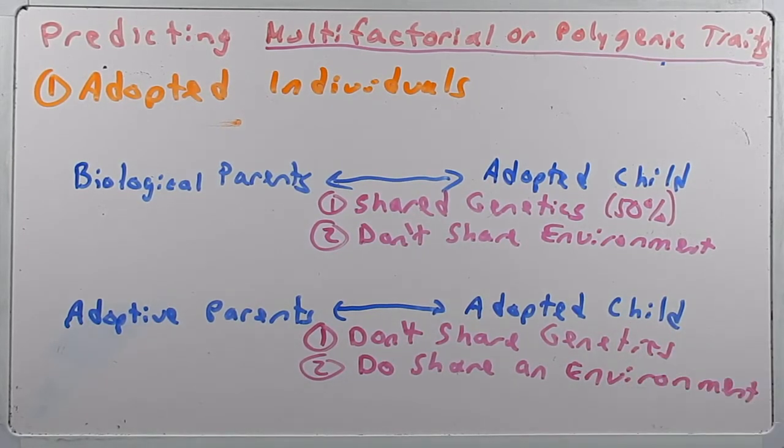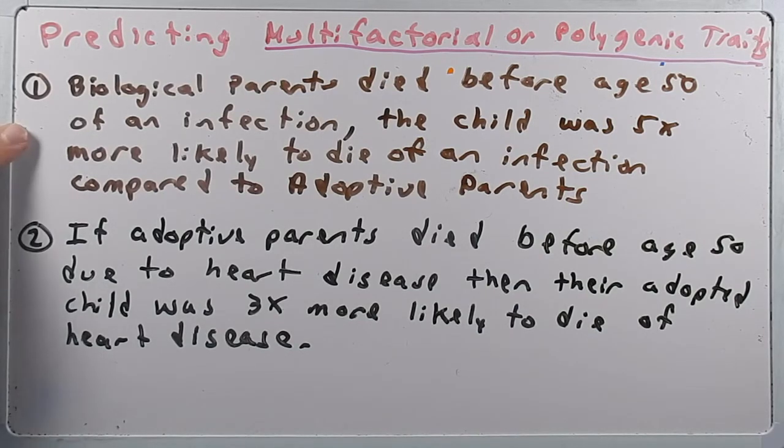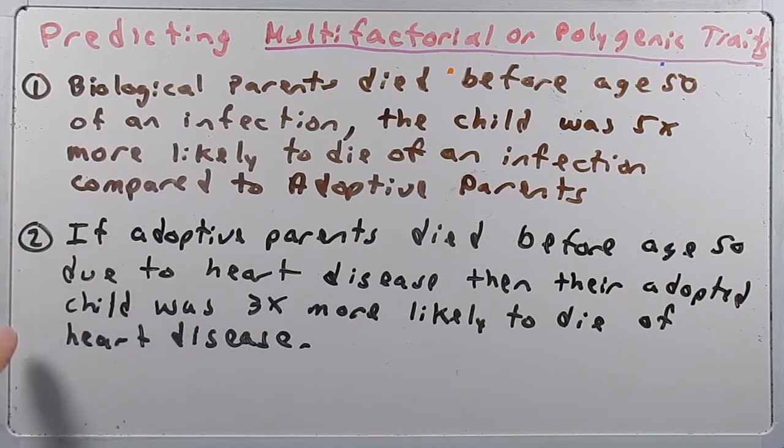All right, so what I'm going to do on the next whiteboard is I'm going to write out two scenarios. I want you to read those two scenarios and then make a prediction on if that trait has a stronger genetic component, that is a component determined by heredity, or a stronger environmental component. Okay, so here are the two scenarios. The first, biological parents died before the age of 50 of an infection. The child was 5 times more likely to die of an infection compared to adoptive parents or the general population.